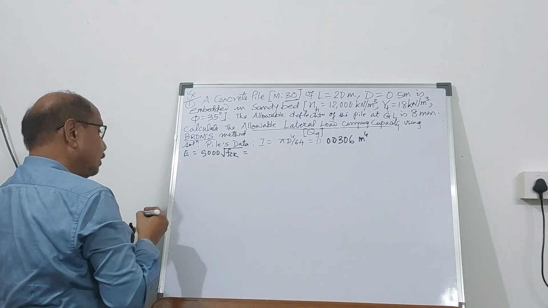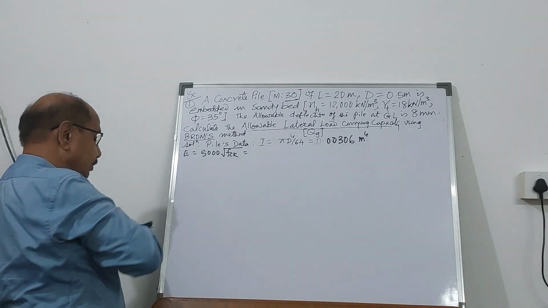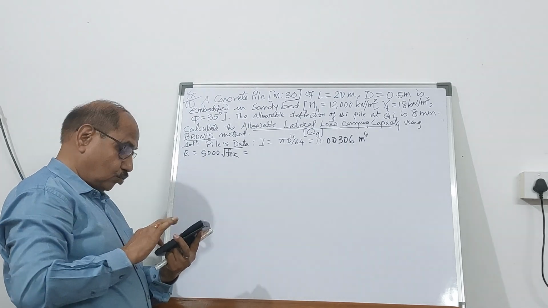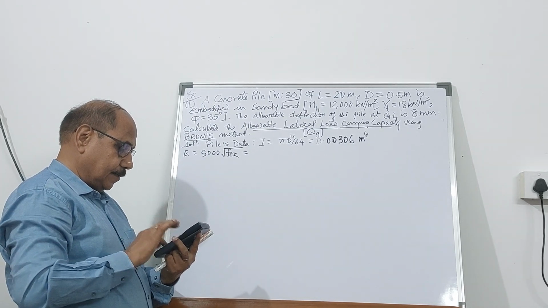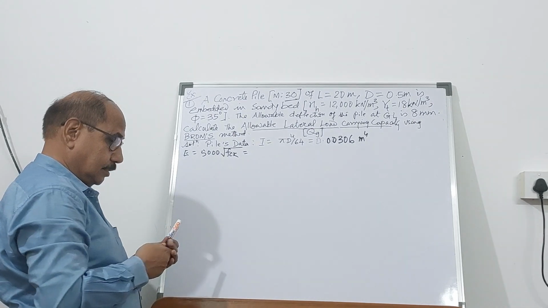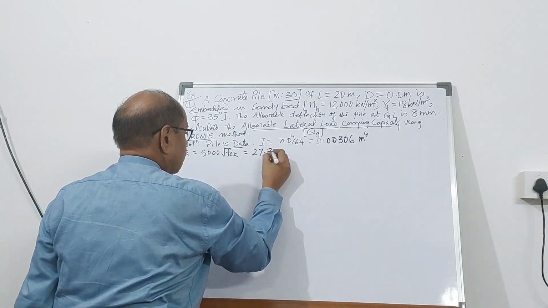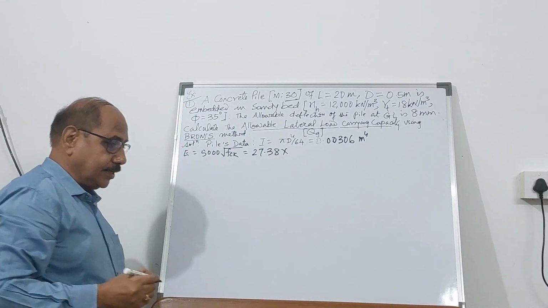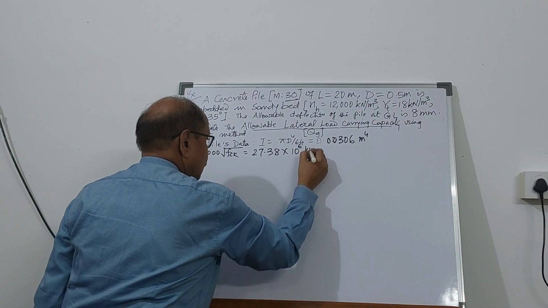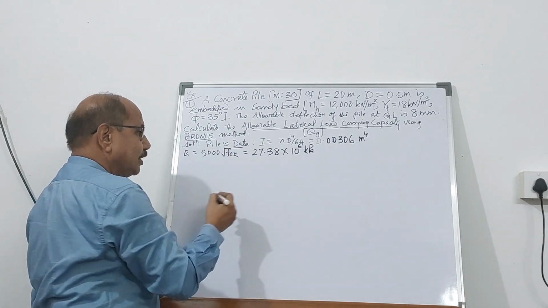So if you substitute, you get 5000 multiplied by under root fck, and you can get the value of E as 27.38 into 10 raised to power 6 kilopascal.